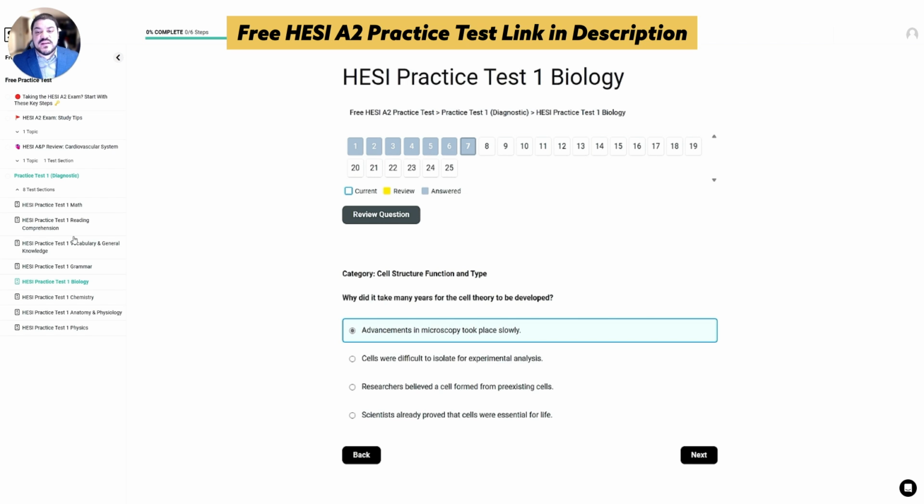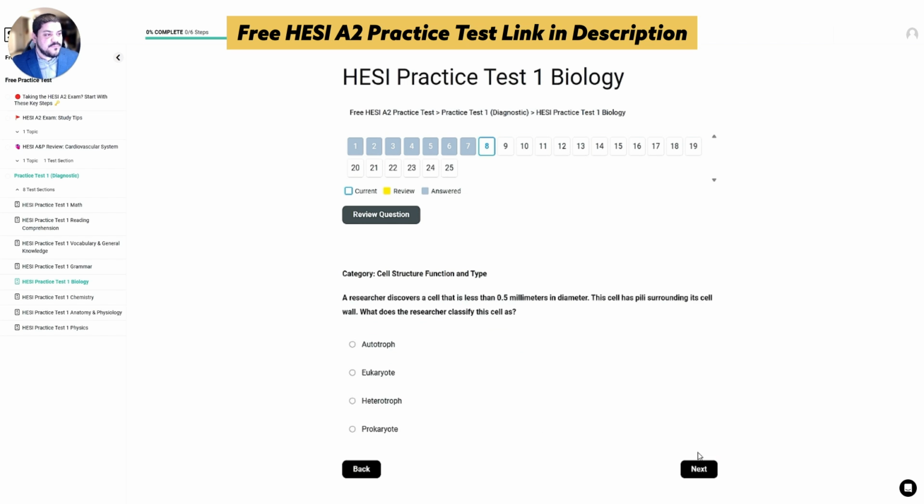Additionally, cells were difficult to isolate for experimental analysis, which also contributed to the slow development of the cell theory. The other two options, researchers believing a cell formed from pre-existing cells and scientists already proving that cells were essential for life, are actually components of the cell theory itself, rather than the reason for its slow development. A little tricky there, but if you knew the cell theory, this was an easy question.